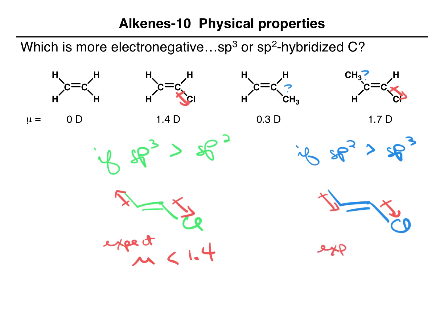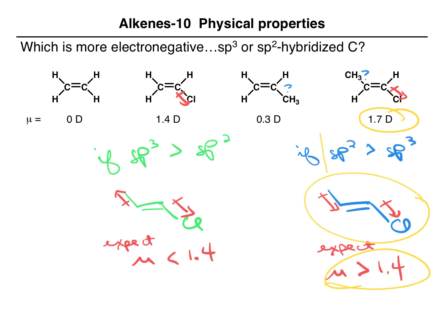And so here we would expect that this dipole would add just a little bit to this dipole, and we would expect to see a dipole moment greater than 1.4. That's what we observe, and so this must be the case. So sp2 hybridized carbons are just slightly more electronegative than sp3 hybridized carbons.